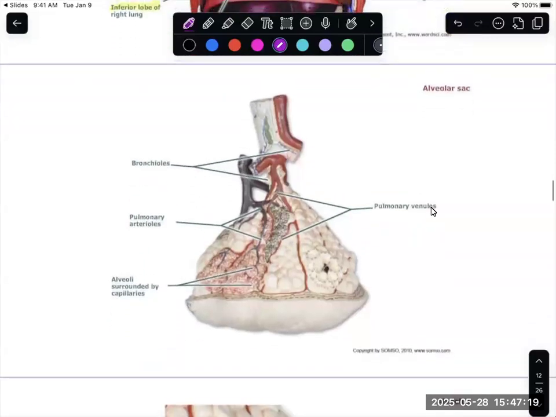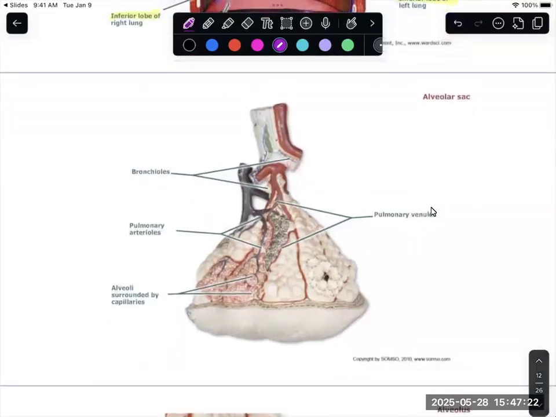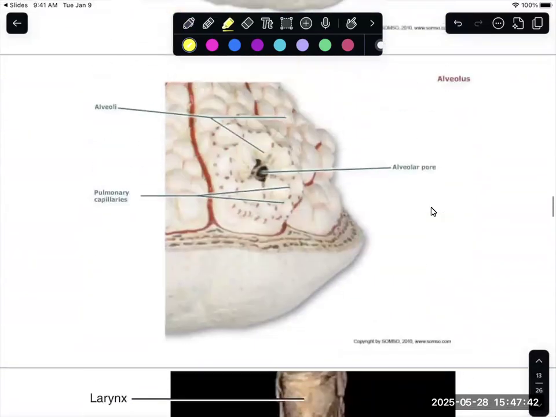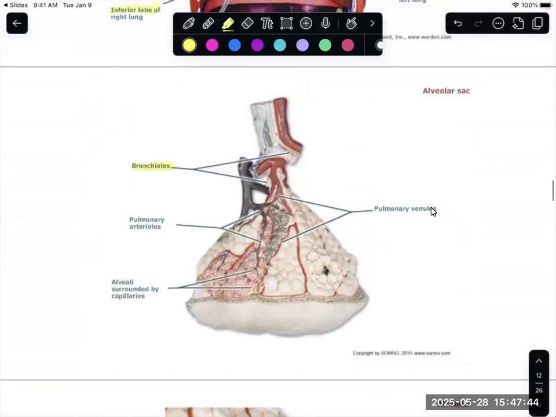So let's come down. We're traveling all the way down now to the minuscule, minute pictures. So now we have our bronchioles. Our bronchioles are what are going to split off into almost like little sacs. So these little sacs, they're almost like those little sacks of grapes.